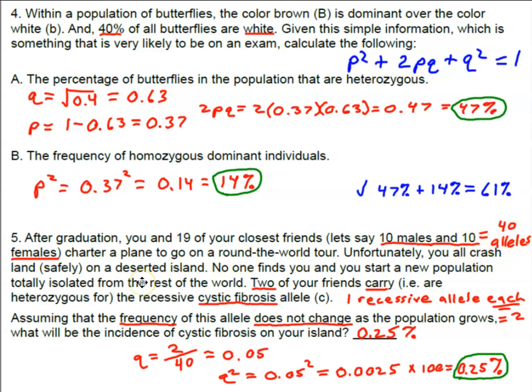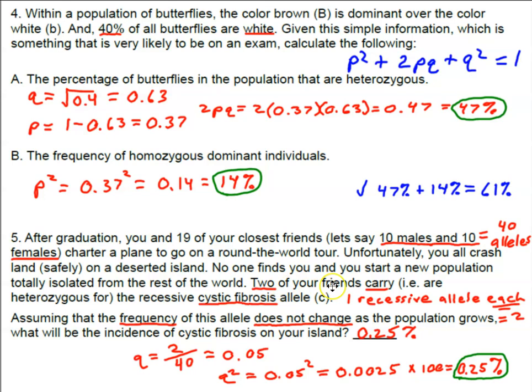So we all charter a plane and go on a round-trip world tour, but the plane crashes on a desert island. Everybody survives, but no one finds them, and they start a new population, totally isolated from the rest of the world. So there's no gene flow, if you'll recall. That's what that suggests.